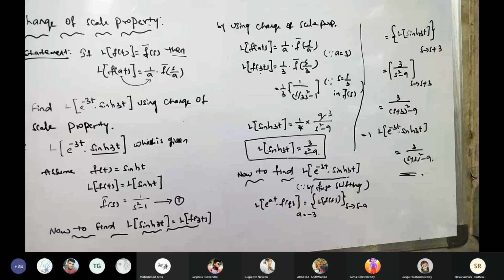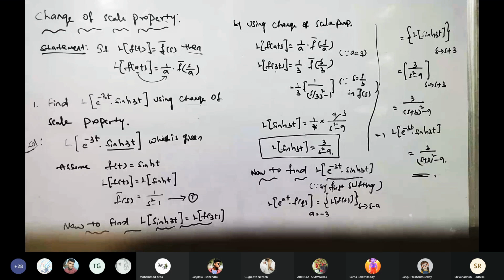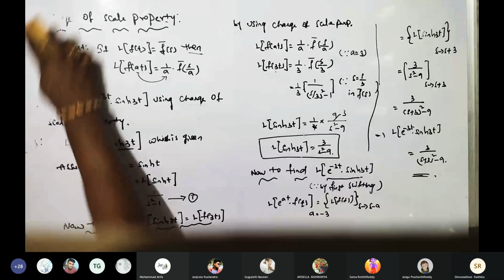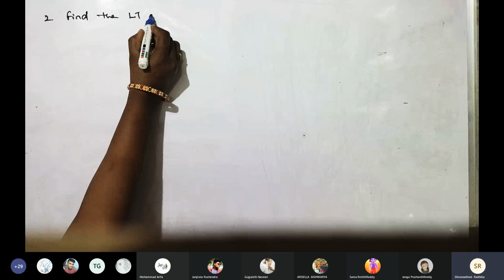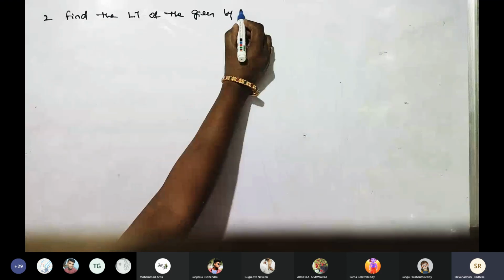Now the second problem. Find the Laplace transformation by scale property.